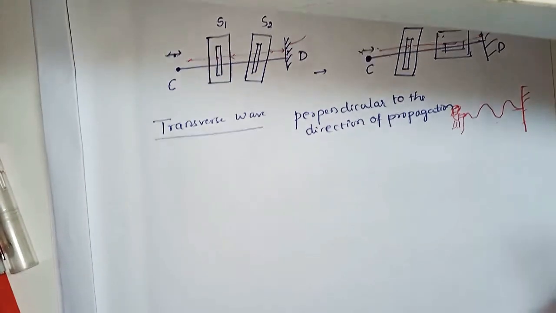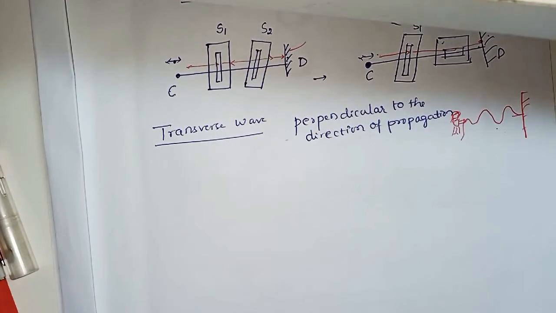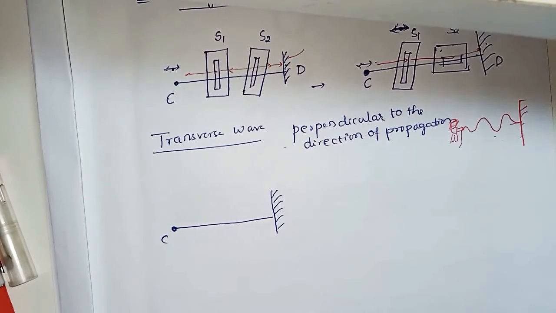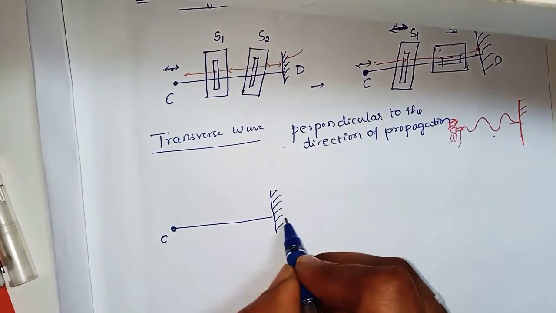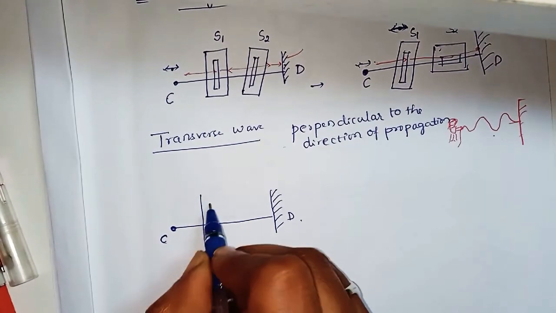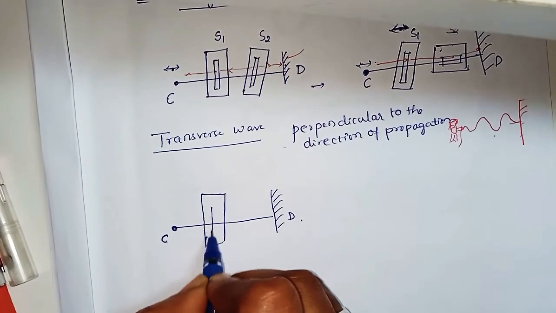So the same setup we are going to consider here. Again, this is the point C and this is the fixed point D. Again I am taking the same slits S1 and S2.